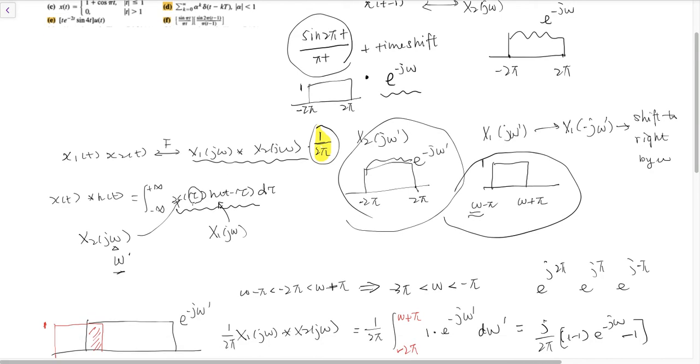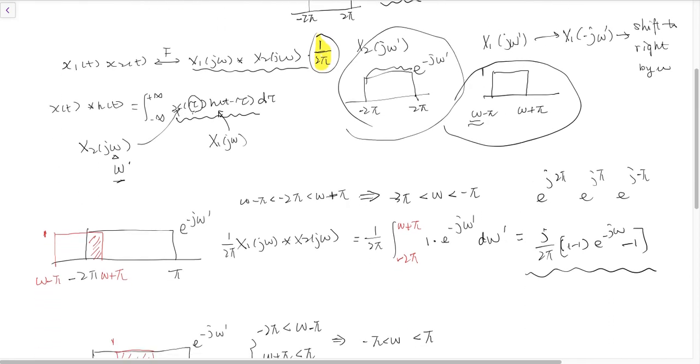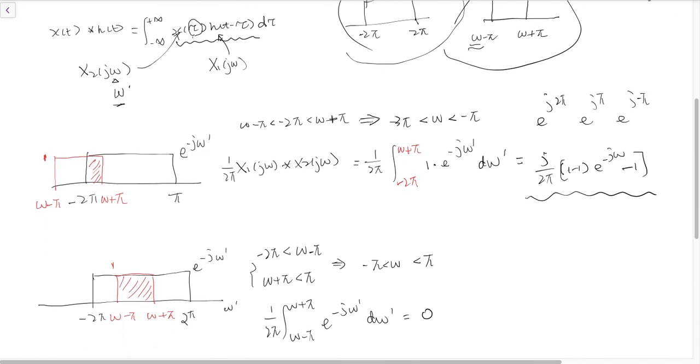And then, since we were able to find X1 j omega and X2 j omega, we can start doing convolution. We just treat X1 j omega and X2 j omega as continuous time signals with a variable of omega instead of t, as we used to do. So it's the same thing.